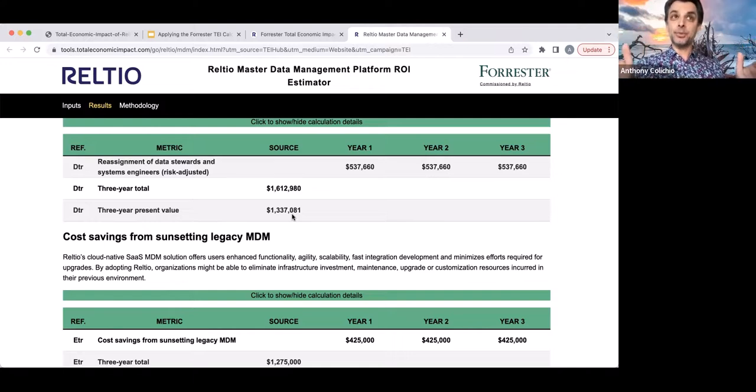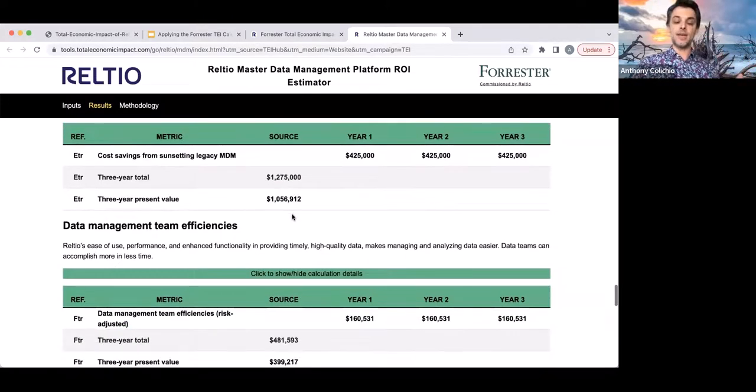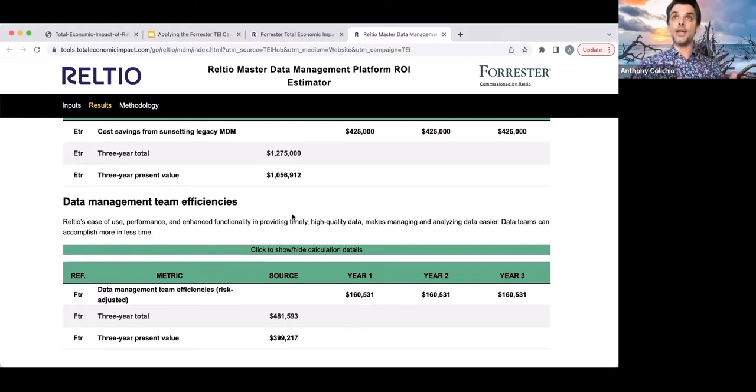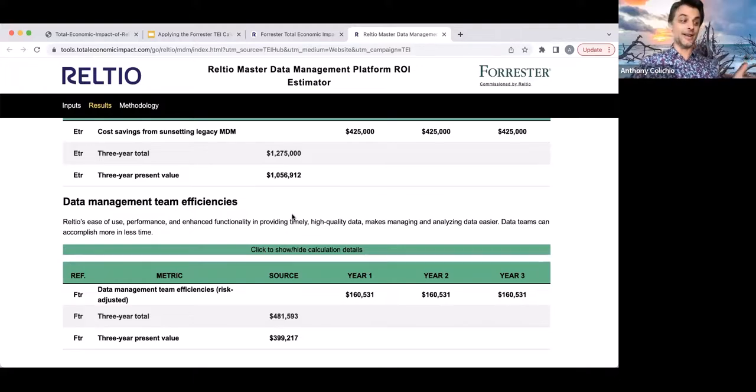And having happy employees versus grumpy employees is absolutely fundamental to profitably scaling next year. So you are absolutely 100% right. These numbers with reassignment of data stewards and data management team efficiencies are ways to quantify data geek satisfaction in dollars. That is absolutely very profound. Yes, that's exactly how that conversation went.